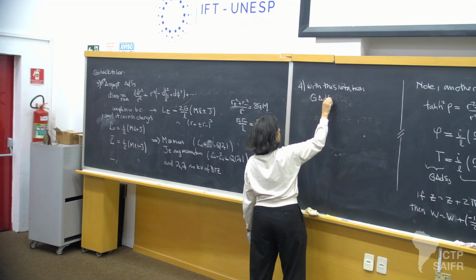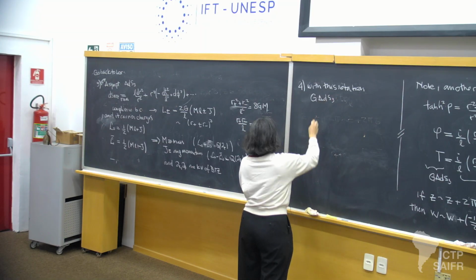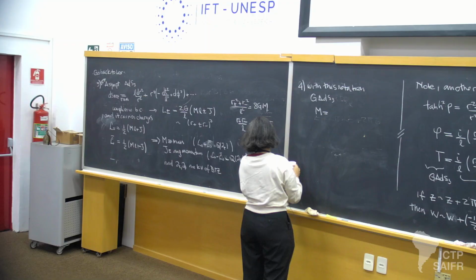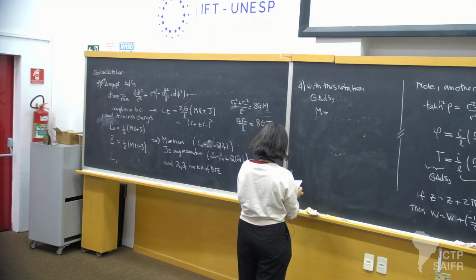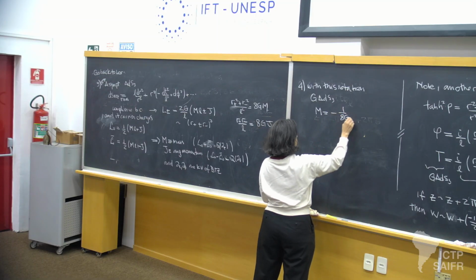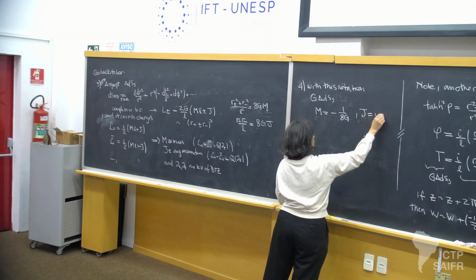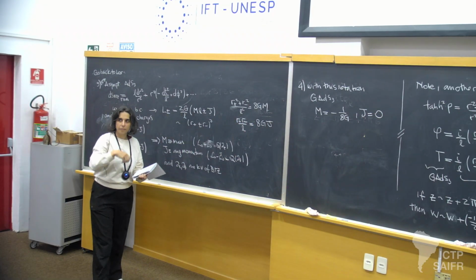global AdS₃ is basically the solution with M equal to, I should know this by heart, and J equal to 0. Okay?